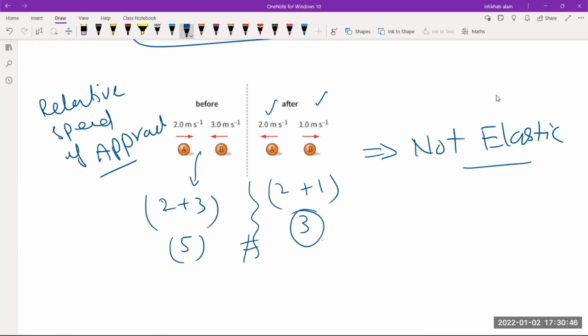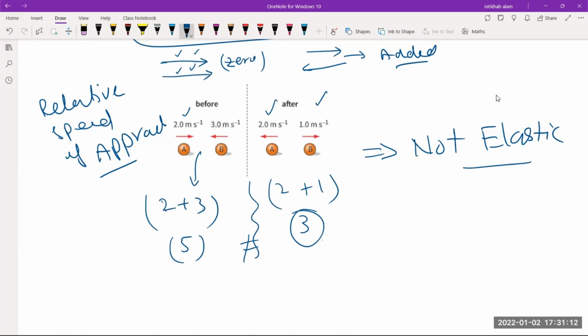Yes, beta, I was explaining the same thing. If you are moving in your car in this direction, and another friend's car is also going in the same direction with the same velocity, it means your relative speed is 0, because it is subtracted when two bodies are going in the same direction. But if the two bodies are going in opposite directions, their relative speed is added. Just remember this.